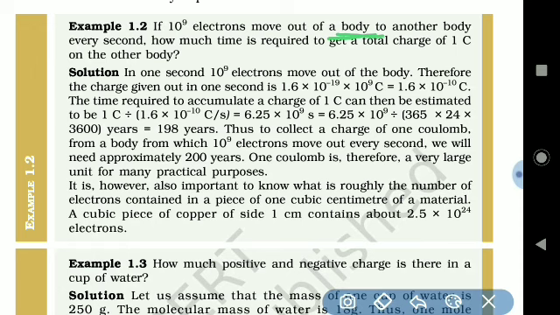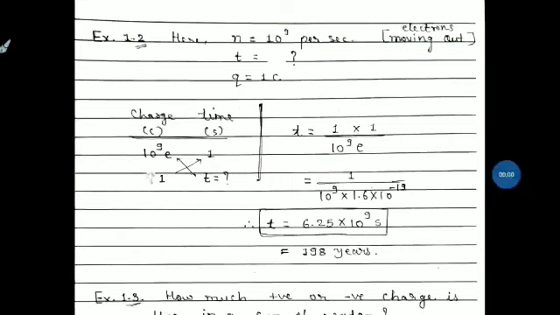It is given that in every second 10 raised to 9 electrons are moving from one body to other, and hence here we are going to find the time required to get the total charge of 1 coulomb on the other body.